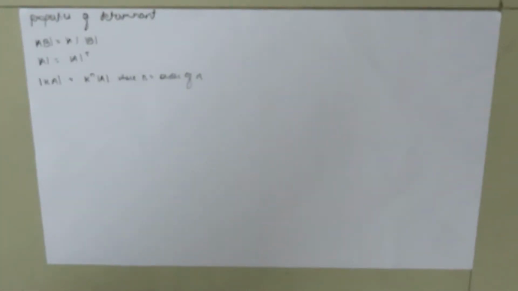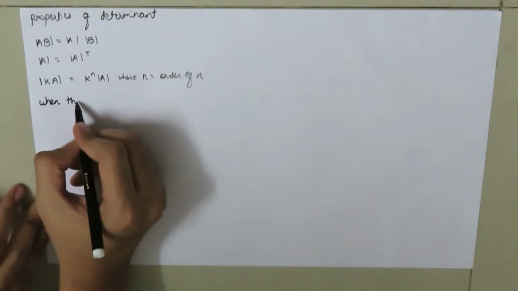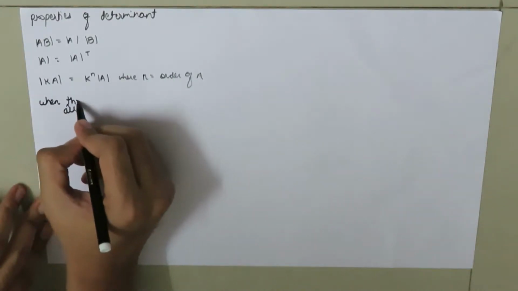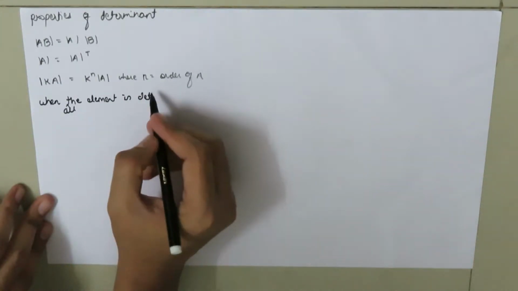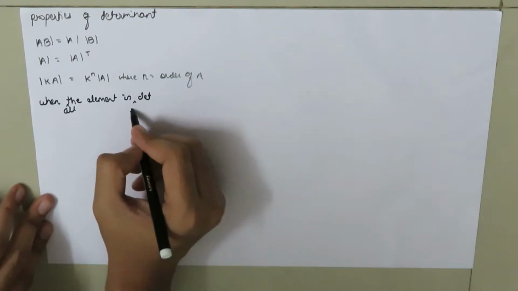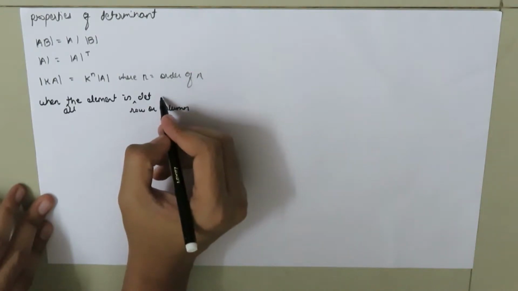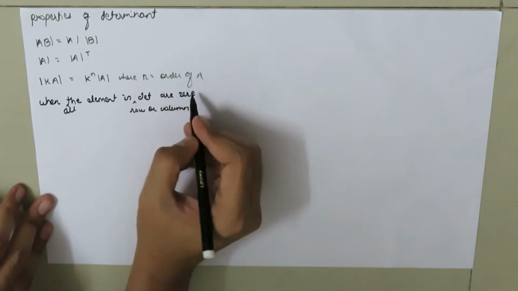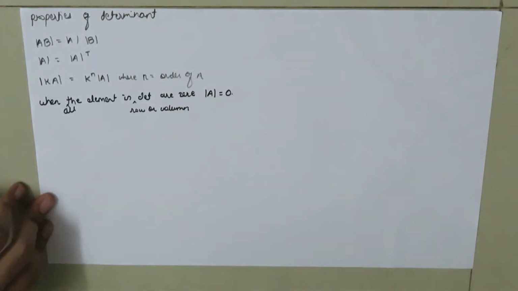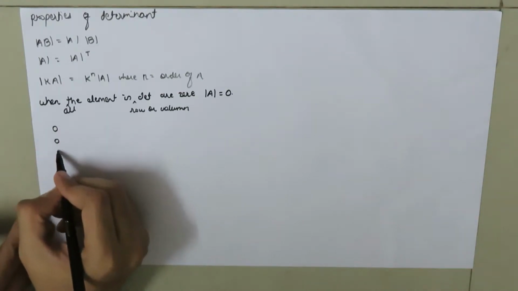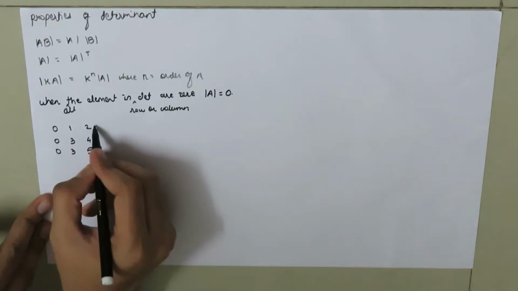And another property we have is when all the elements in a row or column in a determinant are 0, then the value of the determinant is also equal to 0. Let's take an example. So here we have 0 0 0, 1 2 3, 4 3 5.